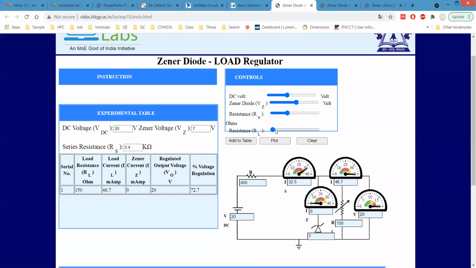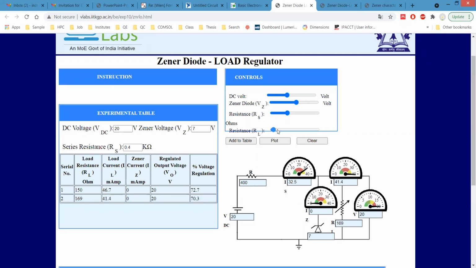Okay, 215. So that is why, as you can see, we have considered 150 ohm, so it is giving the same output as the input voltage. Let's change it very slightly. For 180, sorry, for 169, again we have 20 volt.